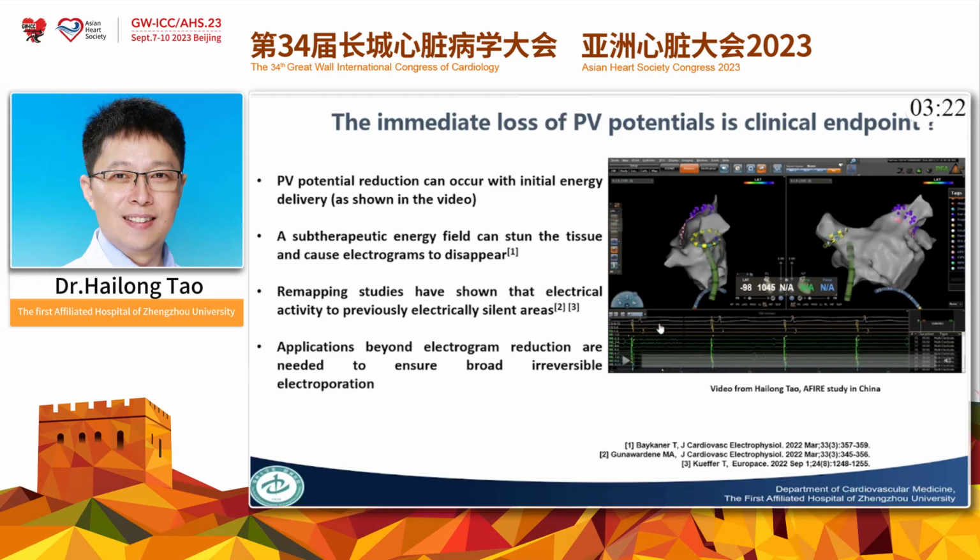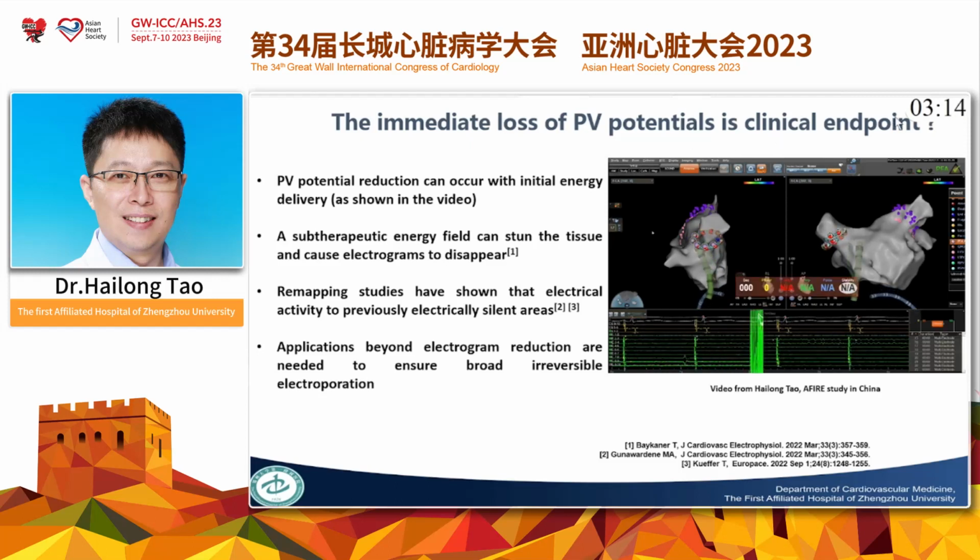The next one is whether immediate loss of PV potential is the clinical endpoint, but for PFA it's not. Just like this shows, when we do the PFA ablation, we can find the PV potential loss at the first attempt, because PV potential reduction can occur with initial energy delivery.